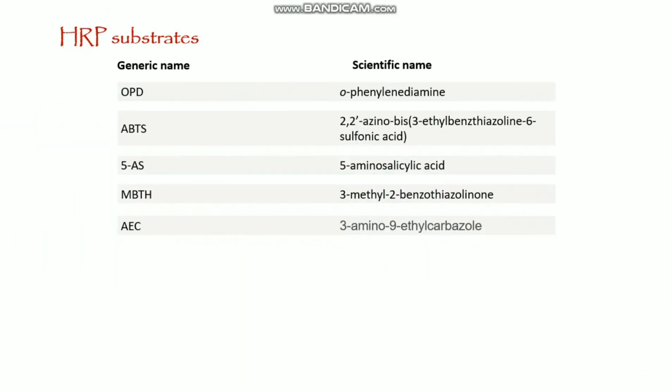Next are the different substrates of the ELISA. There are different kinds of substrates for HRP. These are the substrates of HRP other than TMB. In the ELISA, we only need to use TMB.